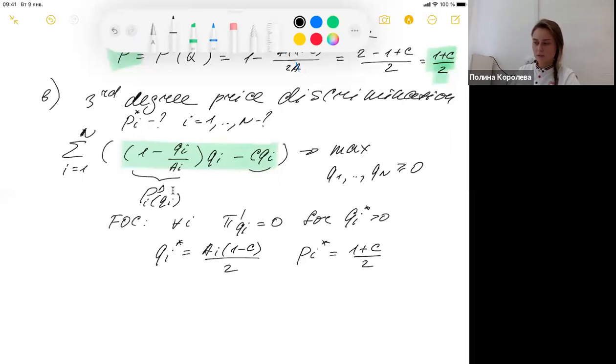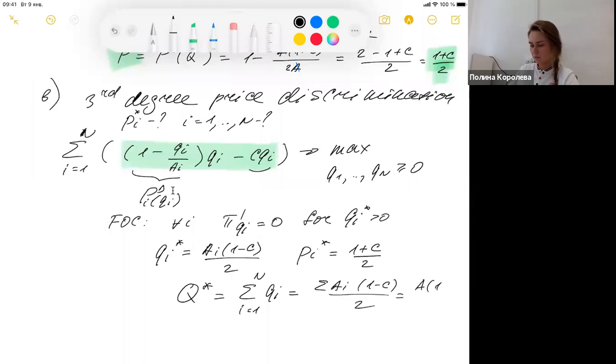It is the most profitable for us to charge the same price because we have such demands of each consumer and such cost structure. So the optimal quantity that we will sell to all consumers, I'll count, will be the sum of AI (1 minus C) over 2. So we will sell the same amount.